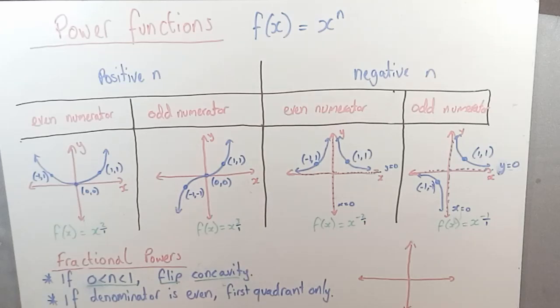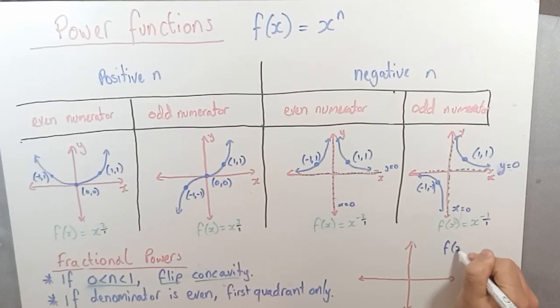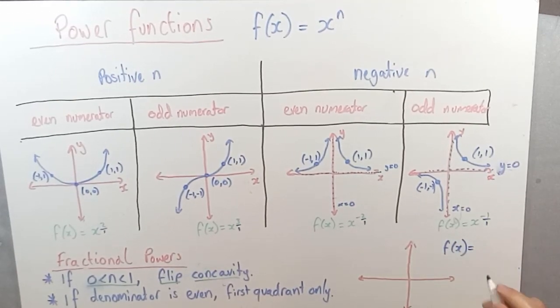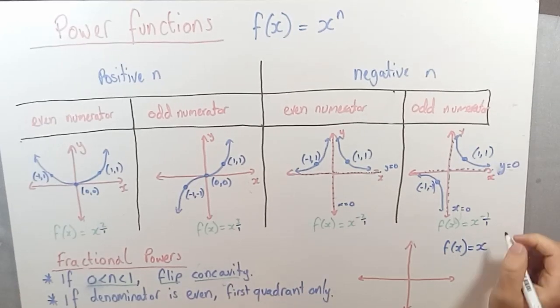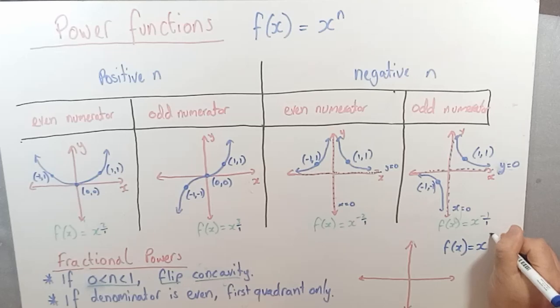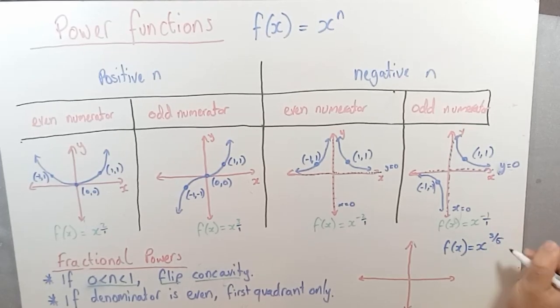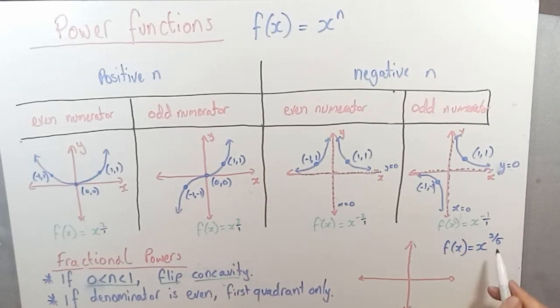Let's do f of x equal to x to the power of 3/5. Okay, so we've got a number between 0 and 1 here, so we want to flip the concavity. Okay, and the denominator is odd, sorry, it's not even.